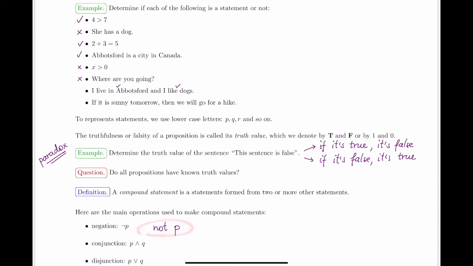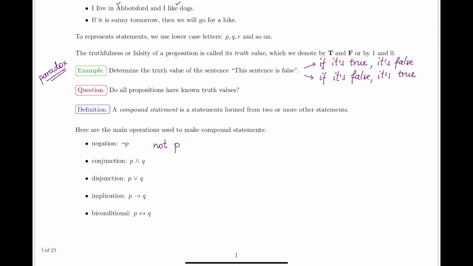So then not P would be not 4 is greater than 7. Well, if you think about this for a second, this would mean that 4 is less than 7. You can already begin to think about what that means for the truth value of the proposition and its negation. If the original proposition was false, like the case with 4 is greater than 7, then not P will have truth value true. So the truth value also gets flipped.